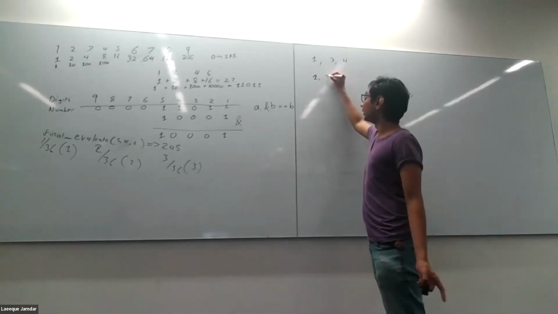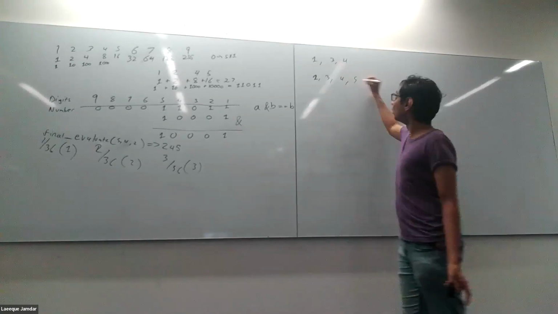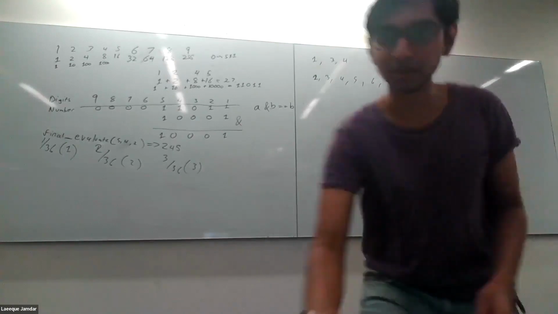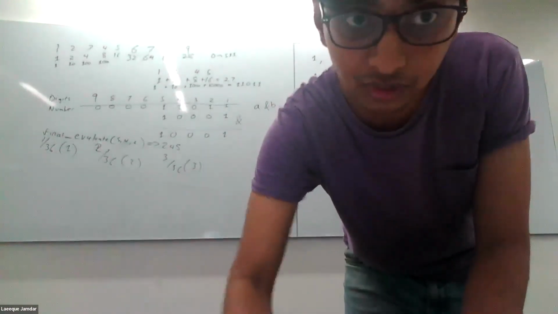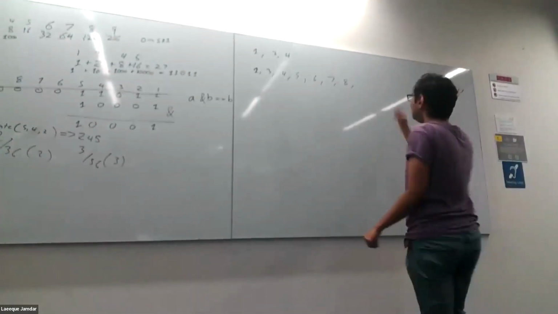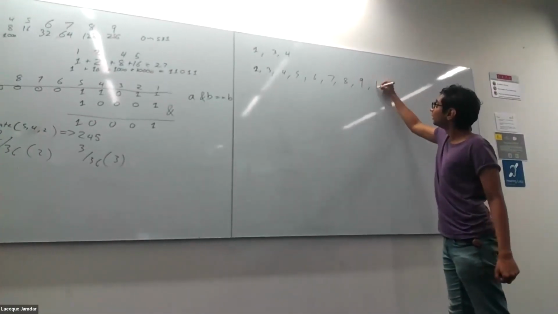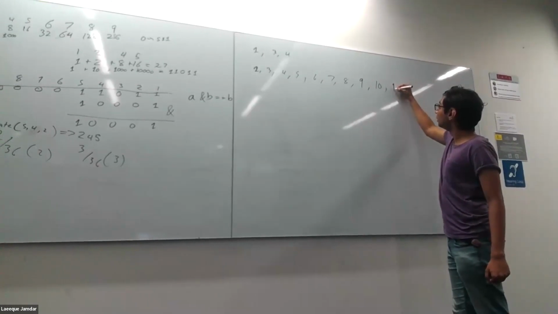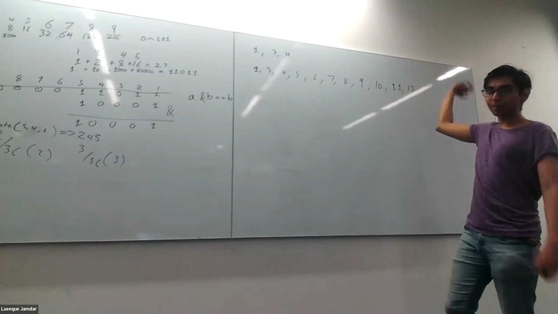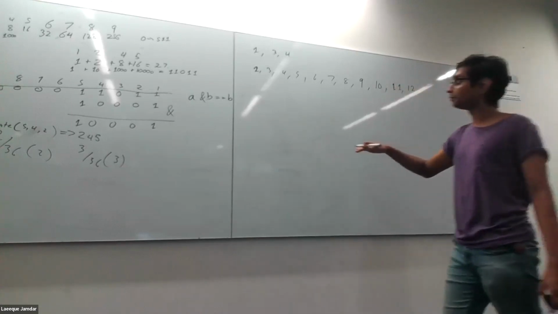So I could end up rolling a 2, 3, 4, 5, 6, 7, 8, 9, 10, 11, or 12. These are all the possibilities that I could end up rolling.